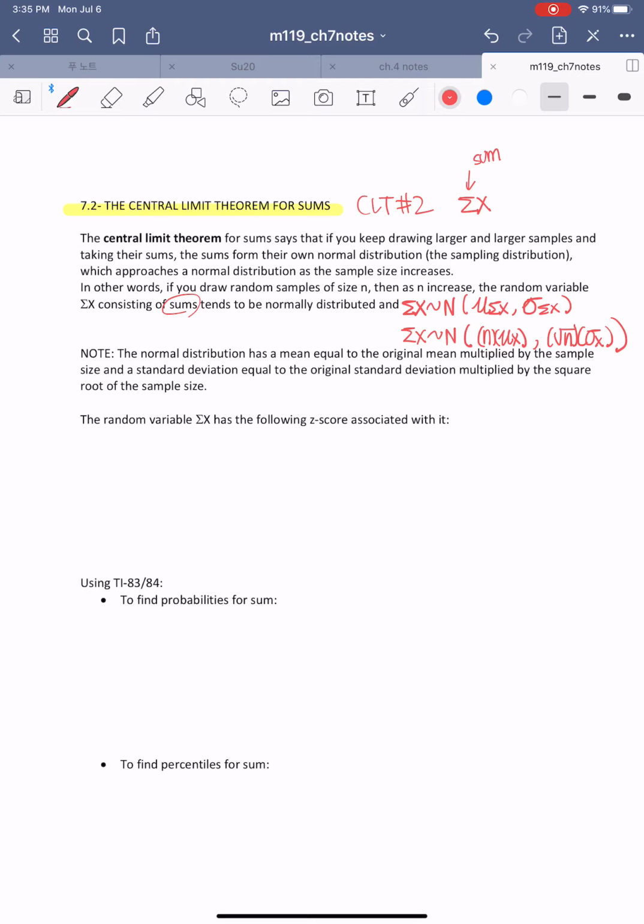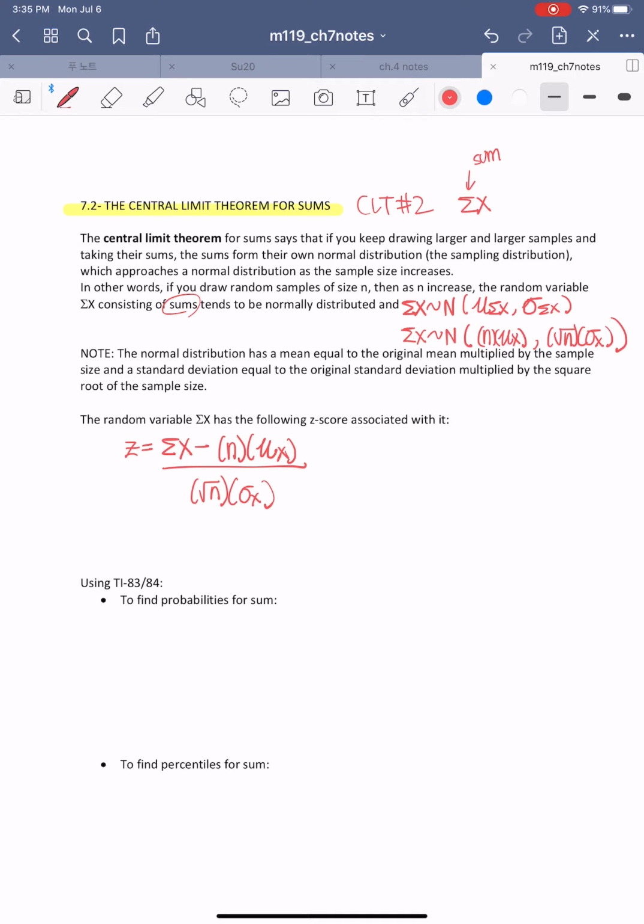A random variable has the following z-score. This is a normal distribution, so you can also calculate the z-score. The z-score will be the sum of x, our variable, minus n times mu of x, divided by the square root of n times sigma of x.